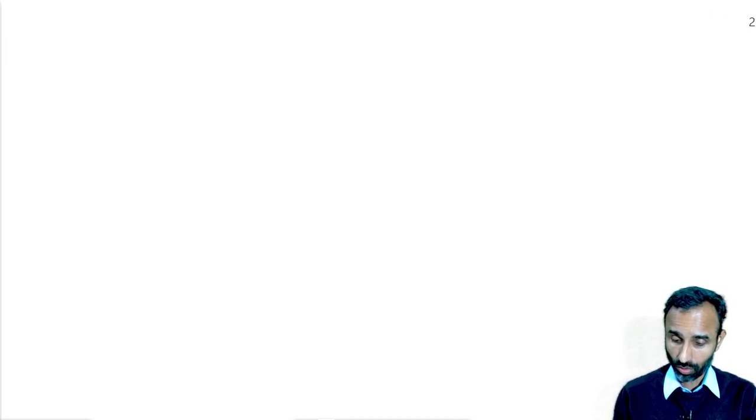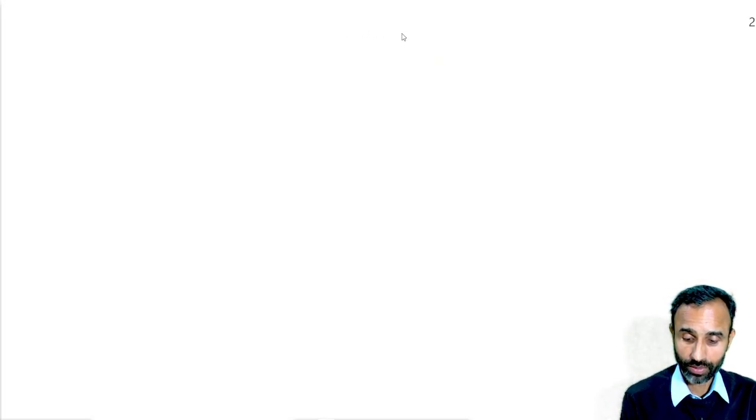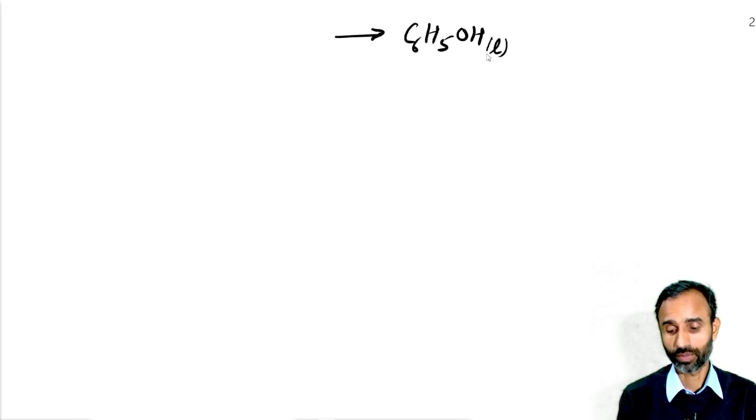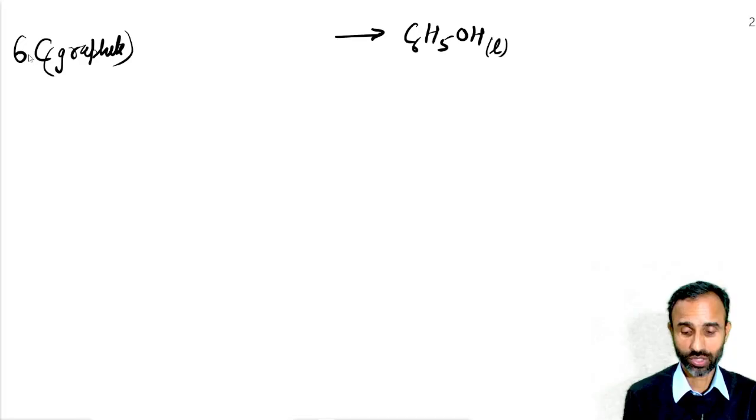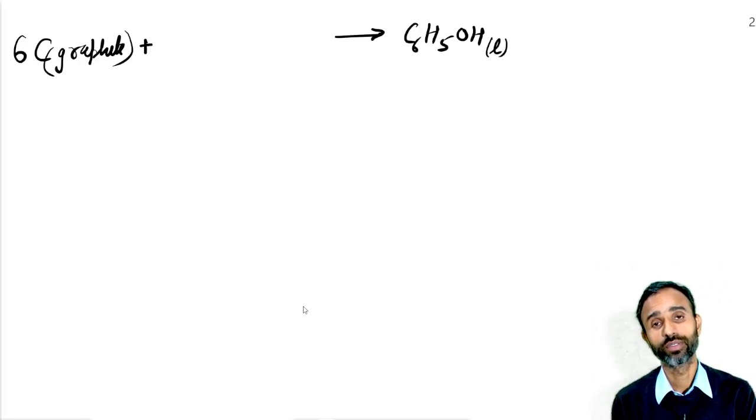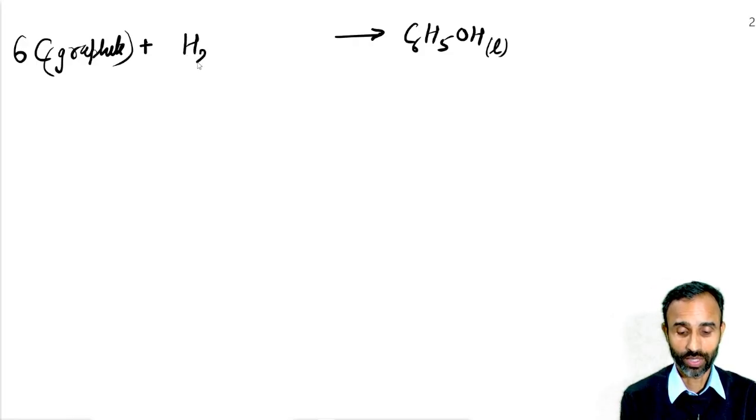Okay. So let us start with the equation. Phenol is formed from carbon, that is graphite, and 6 carbon. And we will write hydrogen in the form of H2 gas, so 3 H2 gas, plus half of O2 gas.